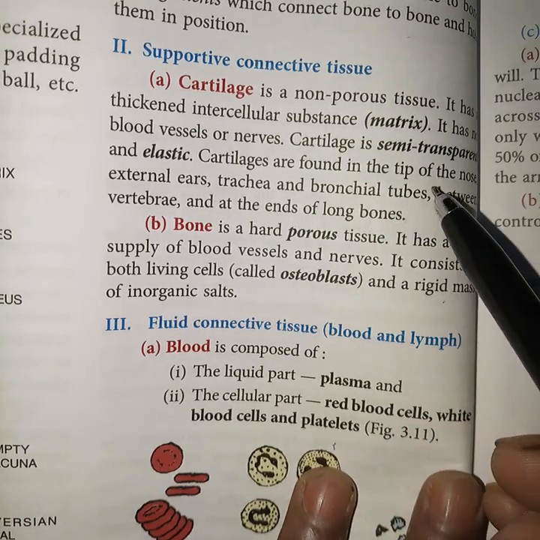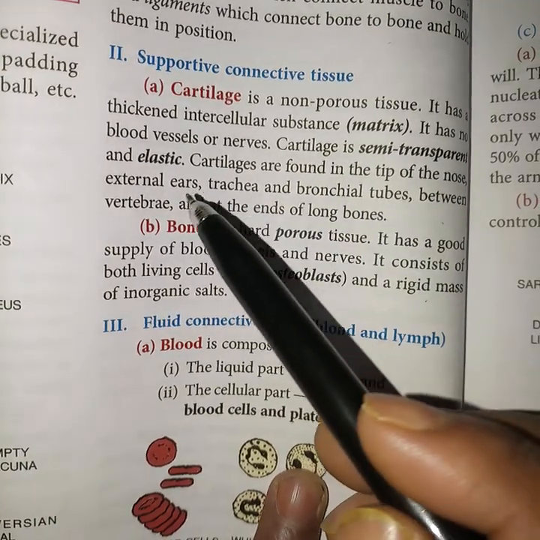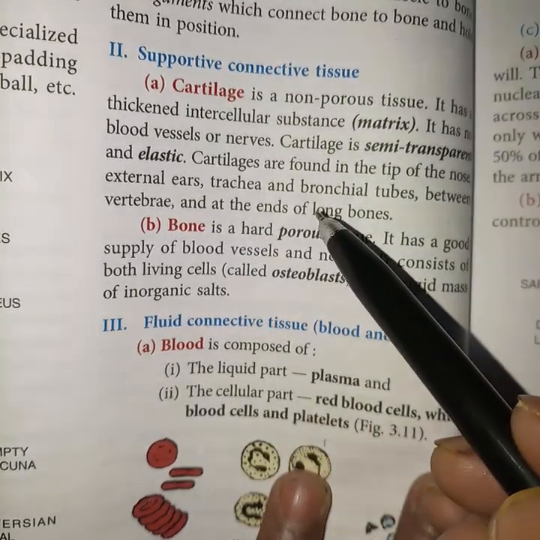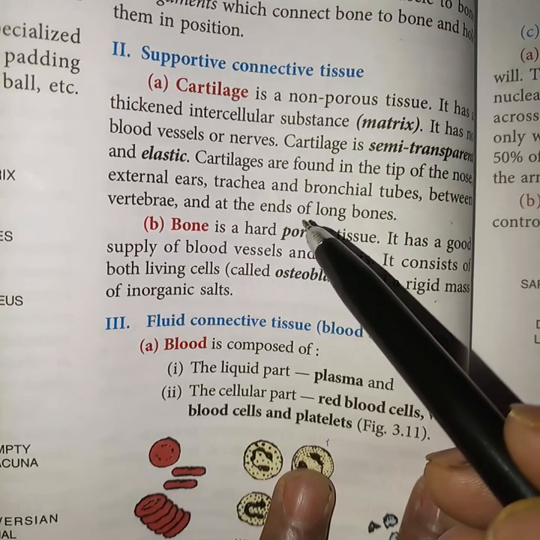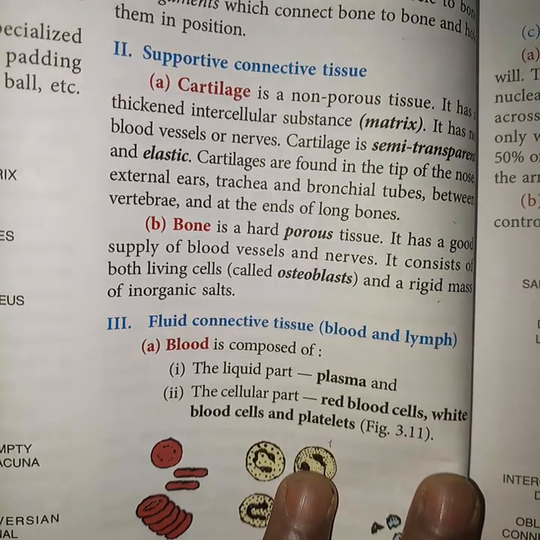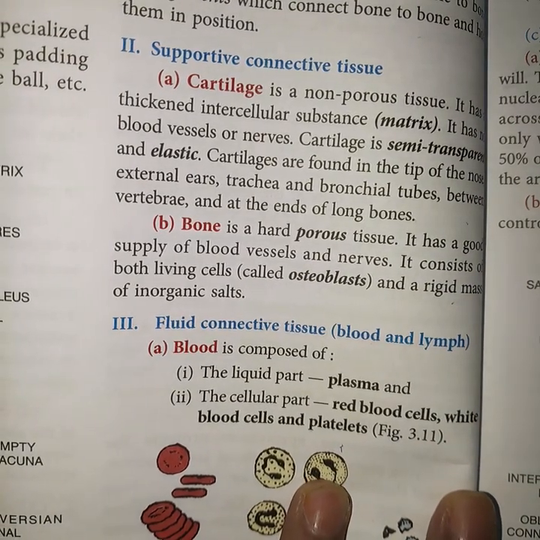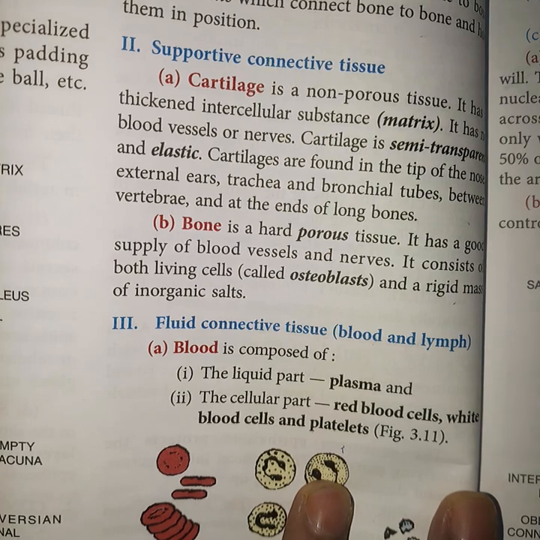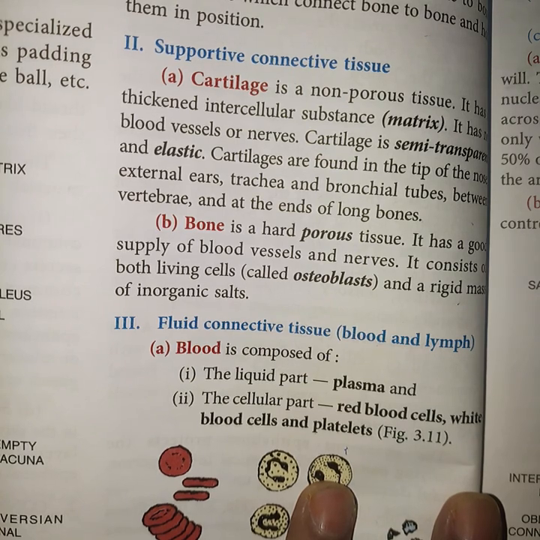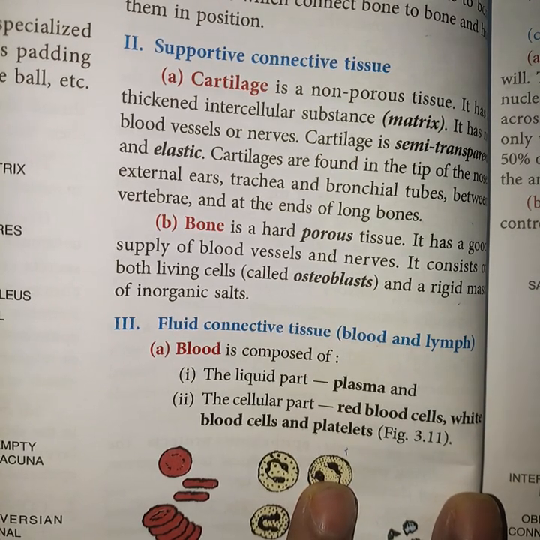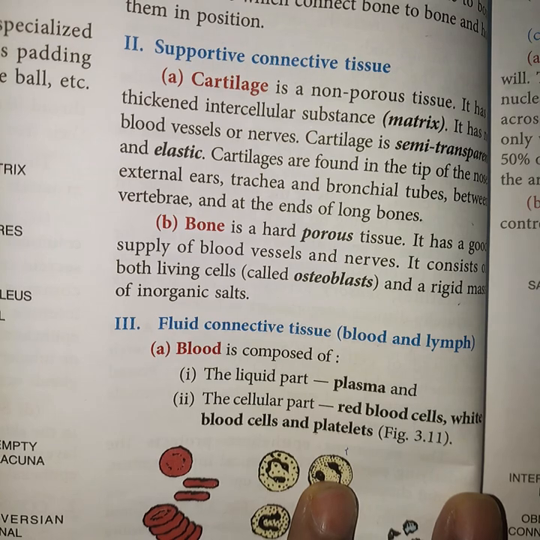Cartilage is found at the tip of the nose, external ears, trachea and bronchial tubes, between vertebrae and at the end of long bones. In between the vertebrae and at the end of long bones, it acts like a cushion that protects our bones from mechanical injuries.